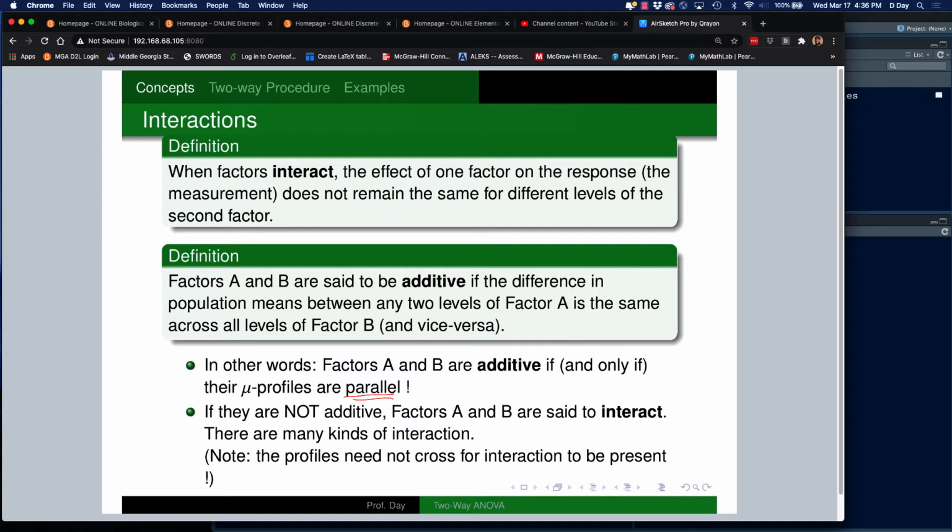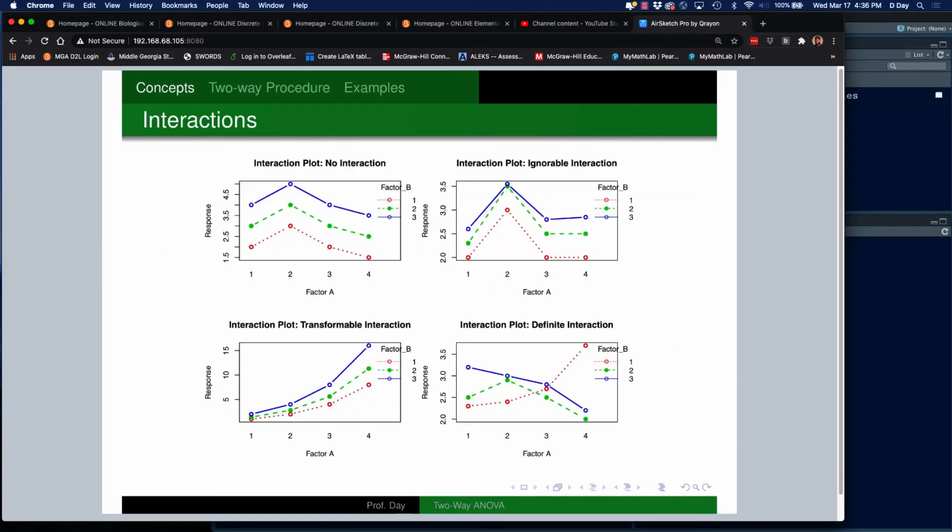All right, so we'll go through the steps here in just a moment. But let me talk a little bit more about interaction. Look at this first plot. All these plots are set up very similarly, but you can tell the lines are all structured differently. So in this first plot, where it says no interaction, across factor A along the bottom, we've got 4 levels of factor A: 1, 2, 3, and 4.